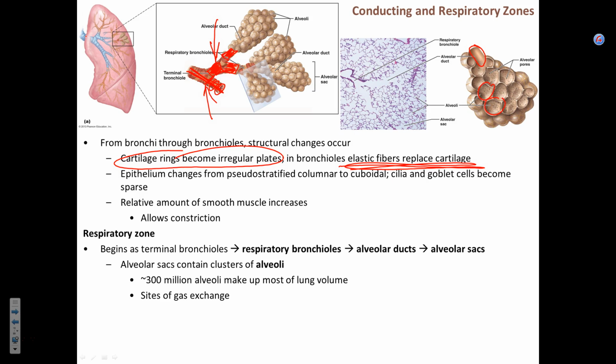Do they look to you like bunches of grapes? Yeah, me too. Each bunch like this is called an alveolar sac. French aficionados, sac in French means bag. Alveolar bag, basically.